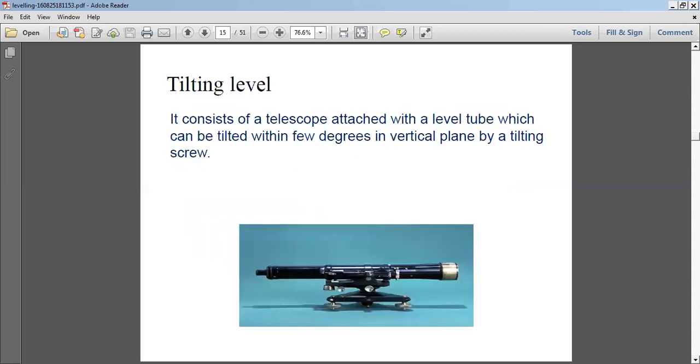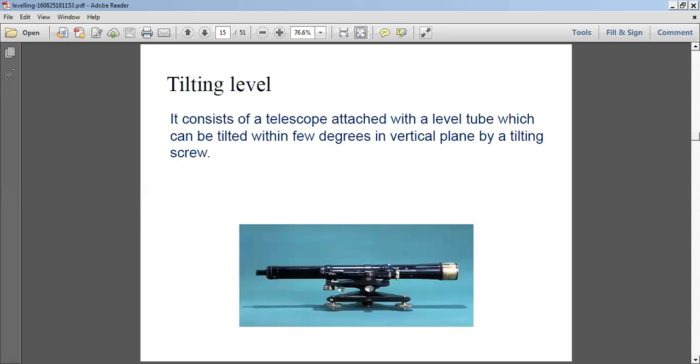The main purpose in leveling work is to take the readings. If advanced instruments are there, they magnify more with clearer pictures, and we can take readings easily. These are the basic ones which were used in an earlier manner.